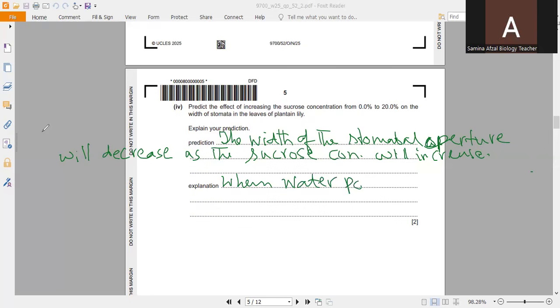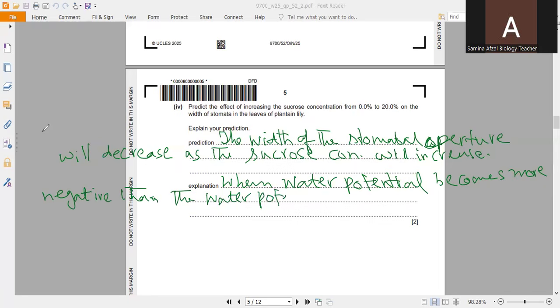Water potential becomes more negative, or lower, you can say, than the water potential inside the guard cells.